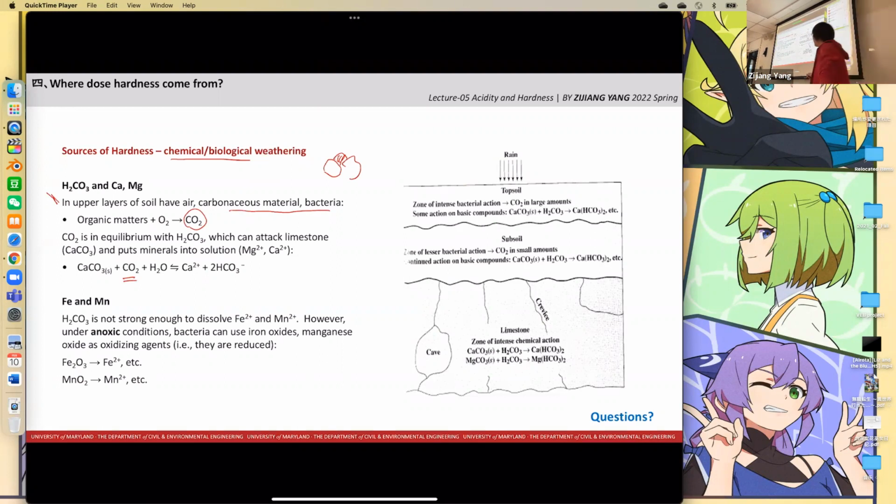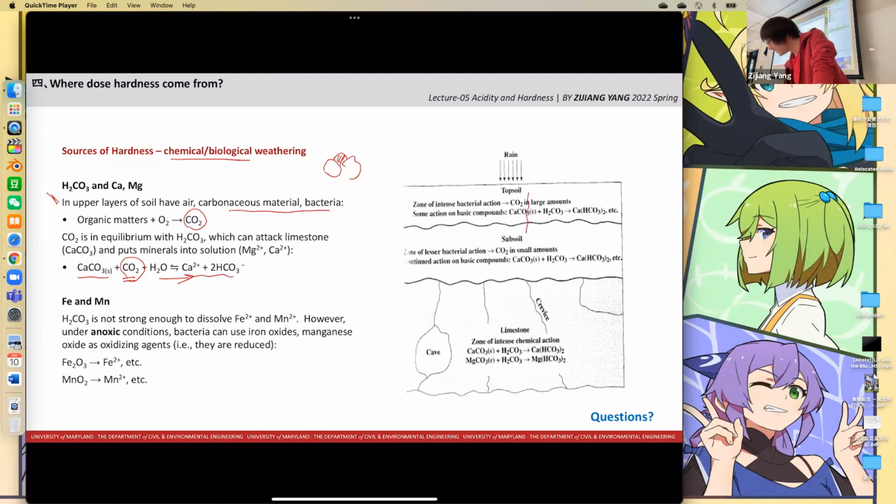And in the soil particles, we have this calcium carbonate. With a large amount of CO2 from the environment, we can see that the reaction will go to this side. In this case, the calcium carbonate will be dissolved into calcium bicarbonate.